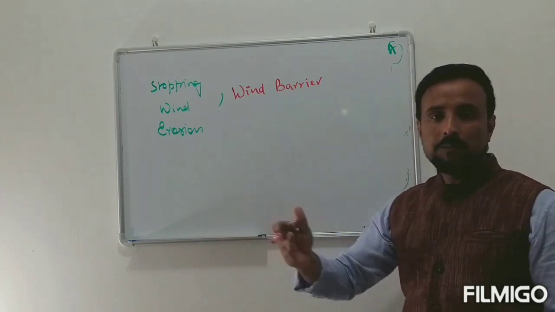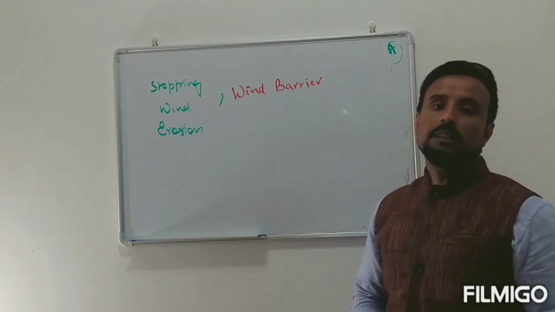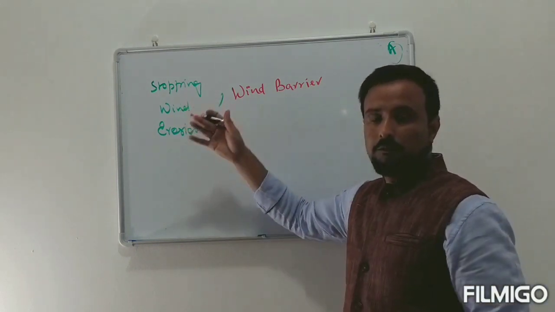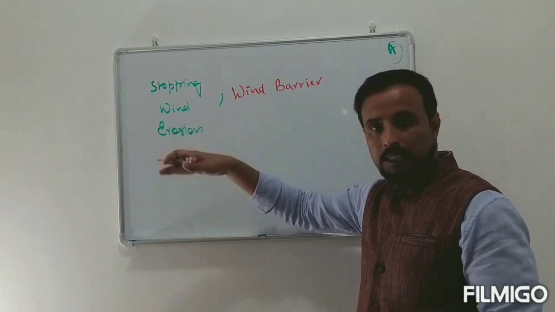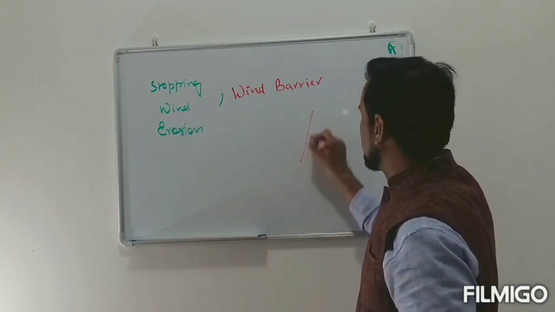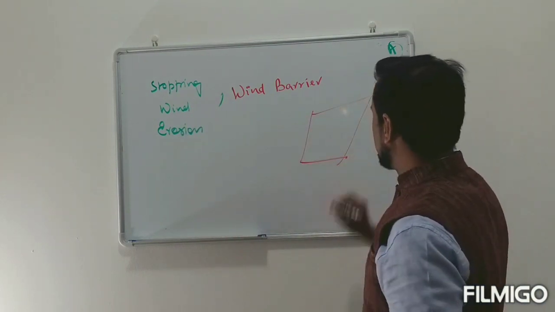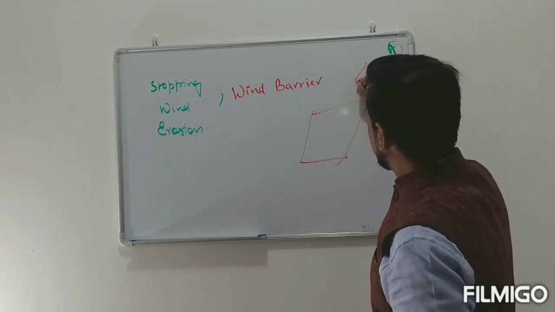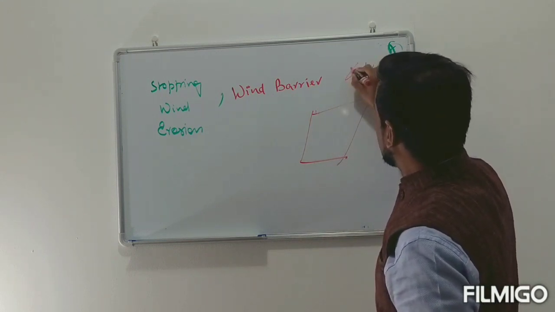Wind's direction can be diverted by the trees we have planted there on the surface of the land. Suppose this is the surface of the land, right? So from this direction wind is coming, right?